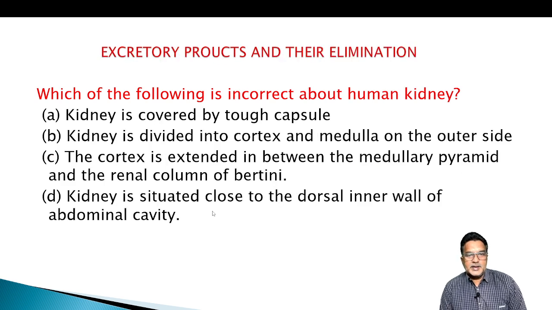Which of the following is incorrect about the human kidney? Kidney is covered by a tough capsule, no doubt. Kidney is divided into cortex and medulla on the outer side. The cortex extends in between the medullary pyramids as the renal columns of Bertini. Kidney is situated close to the dorsal inner wall of the abdominal cavity.